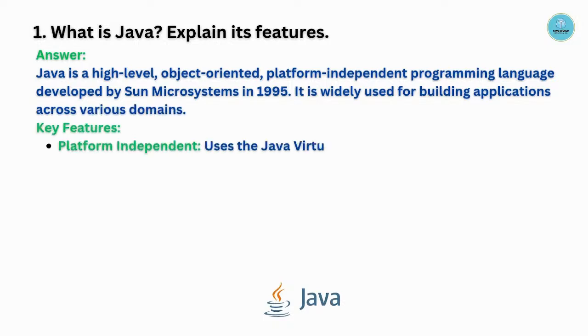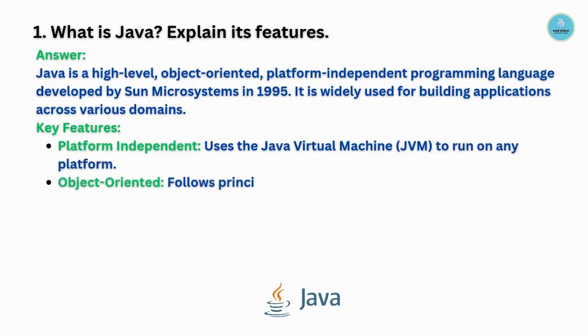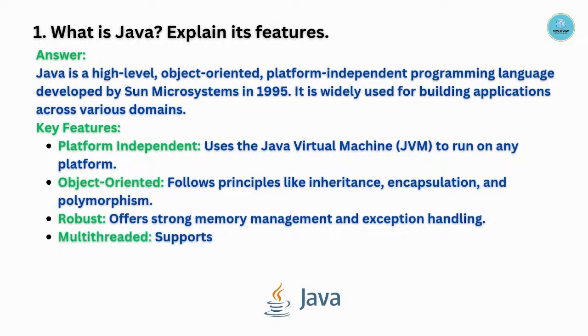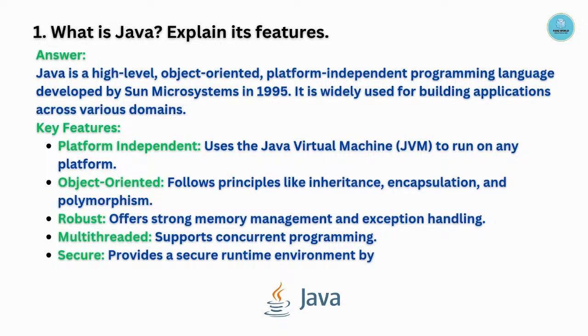The key features could be platform independent, object oriented, robust, multi threaded, secure. When we talk about Java being a platform independent language, it is because of the JVM. It uses the JVM, that is the Java virtual machine, to run on any platform. Object oriented follows principles like inheritance, encapsulation, and polymorphism. It is robust.